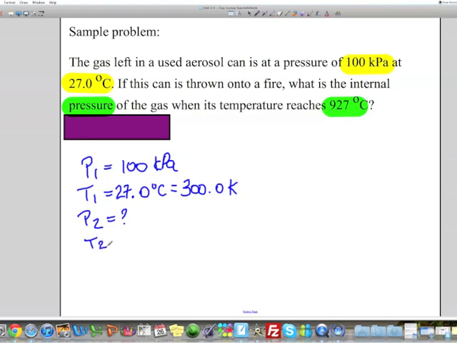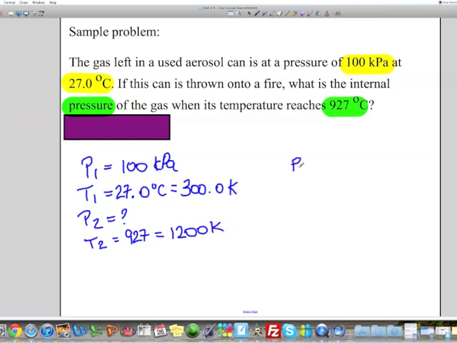And T2 is equal to 927 plus 273, which is 1200 degrees Kelvin.